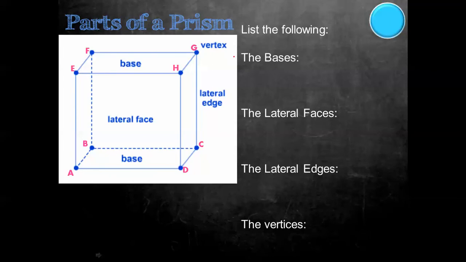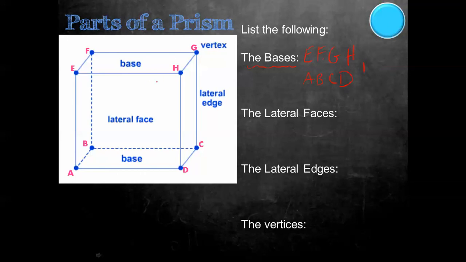The parts of a prism are very similar to the parts of a polyhedron. The bases are the two faces that are parallel to each other. In this example, the two bases are EFGH and ABCD.